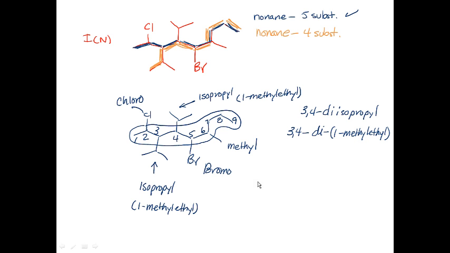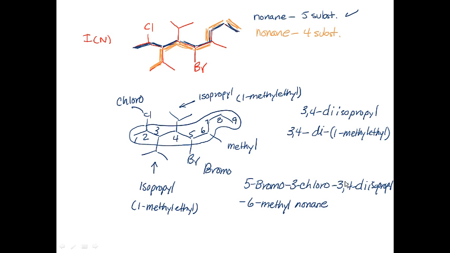So if I'm writing the name of this out, one possible name is 5-bromo, 3-chloro, 3,4-diisopropyl, 6-methyl nonane.